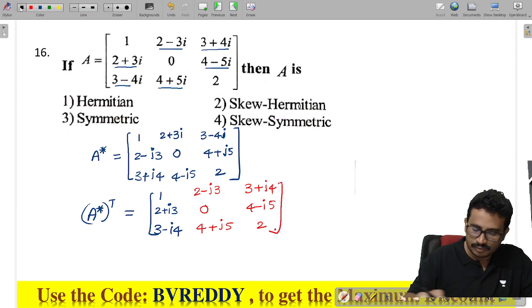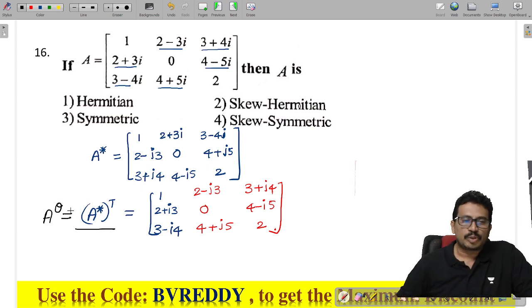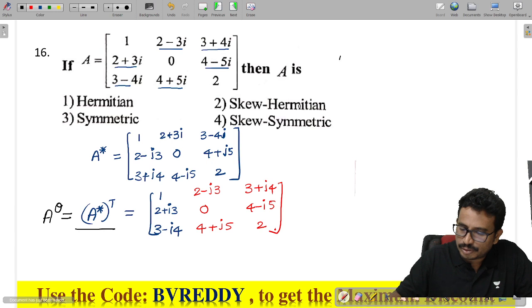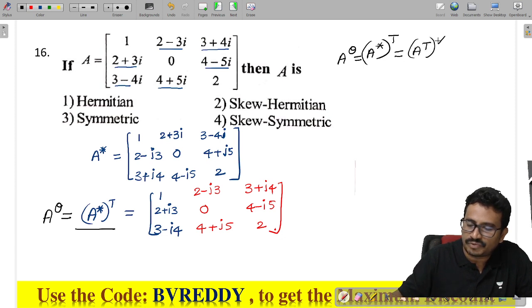Now if you observe carefully, this type of operation we used to call the transposed conjugate. As we know, the transposed conjugate A theta is defined as A transpose conjugate, or A conjugate transpose, which is also equal to A transpose after that conjugate.